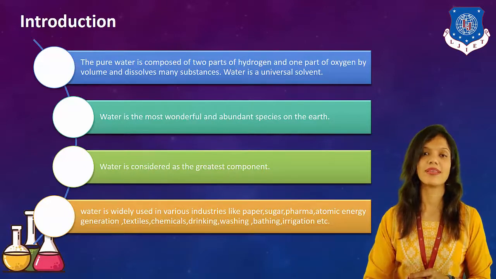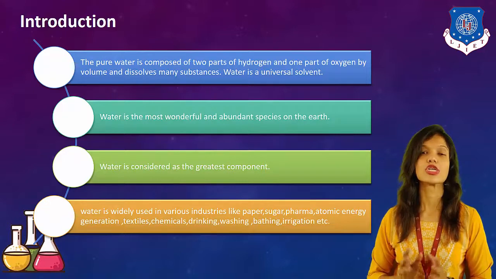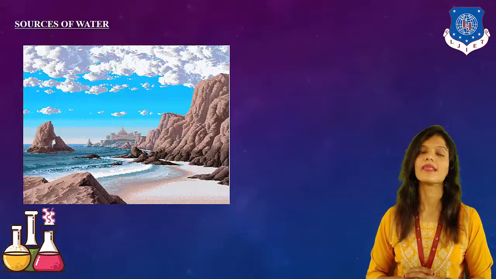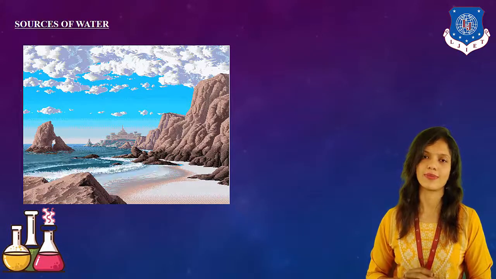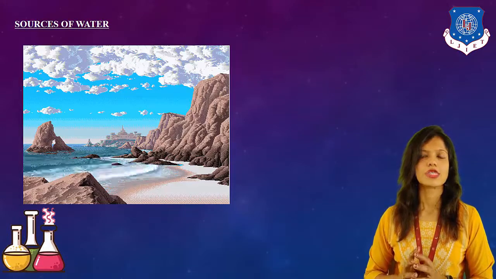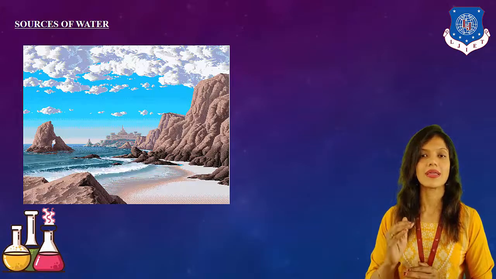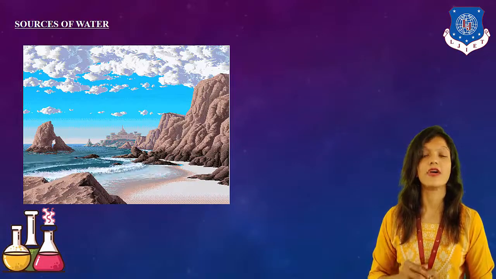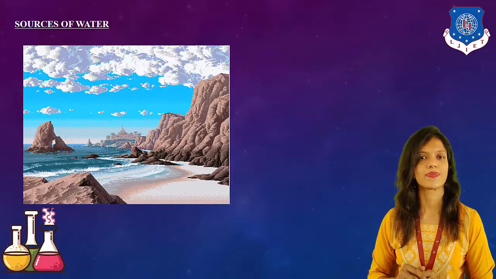So let's begin with chapter number 2, that is sources of water. The first topic that we will have here is sources of water. Sources of water means the place from where we can obtain the water, right?